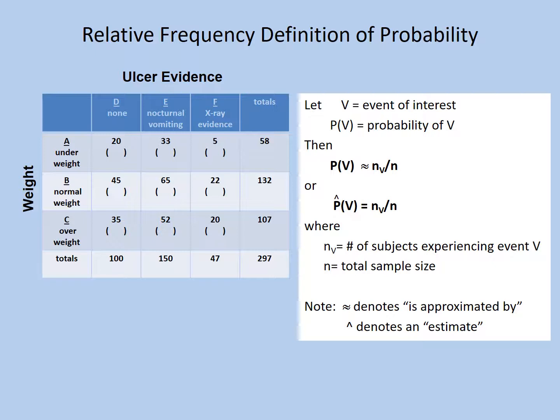Then, using the relative frequency definition of probability, we say that P of V is approximated by N sub V divided by N, where N sub V denotes the number of subjects experiencing event V, and N denotes the total number of subjects in the sample. Alternatively, we can say that P hat of V equals N sub V over N is an estimate of P of V.